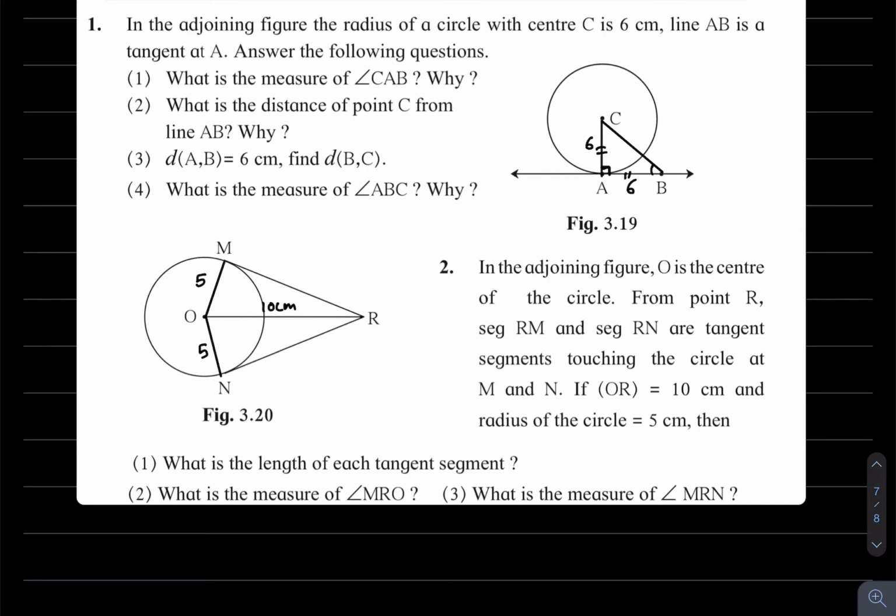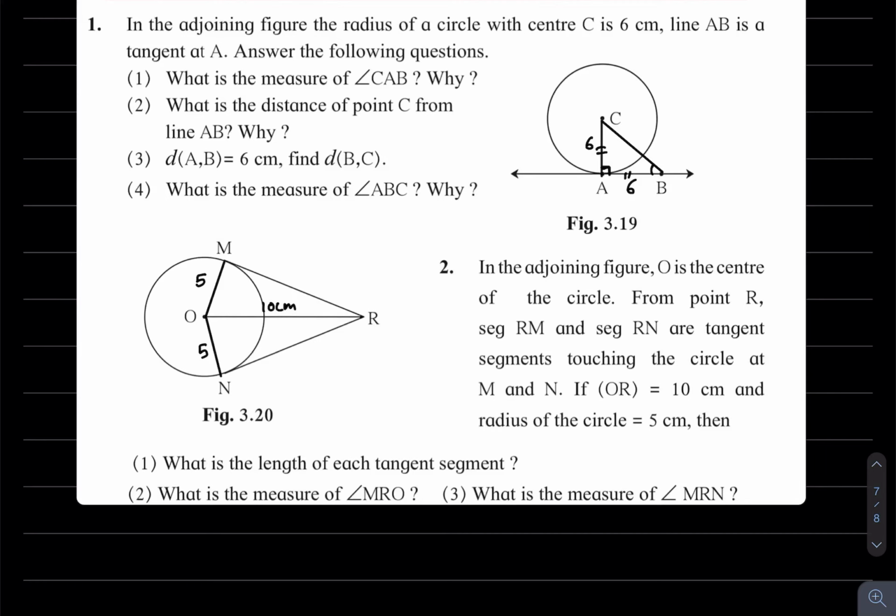The next problem is, what is the measure of angle MRO? Angle MRO. So here this triangle is a right angle triangle because this angle is 90 degrees. Then there is one special property, the 30-60-90 theorem, which is specially for the right angle triangle in which angle 30 and angle 60 are there. So the hypotenuse is double the side OM.